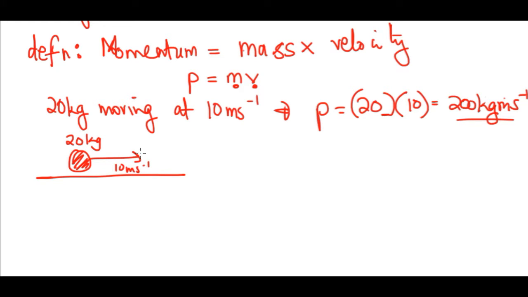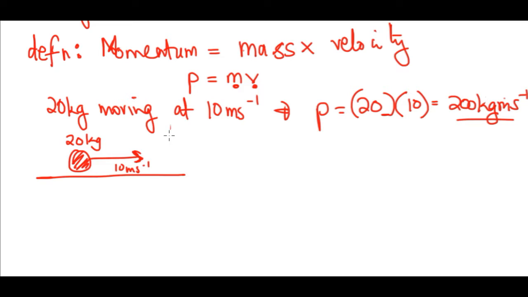When it collides with another object, its velocity will definitely change, right? Its velocity is definitely going to change because they've collided, or not like definitely. Let me not say definitely, because there are some collisions where the velocity does not change, but let's just say the velocity changes for now. But yeah, most probably, like a majority of them is going to change. Maybe not in magnitude, but in direction.